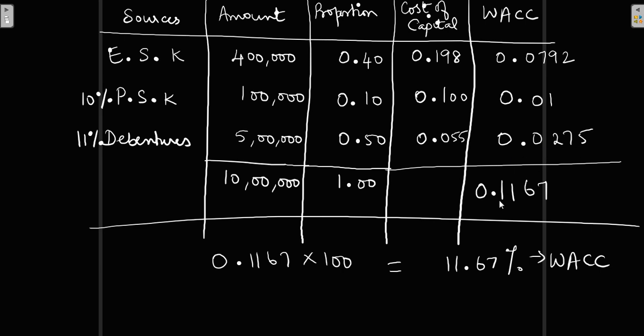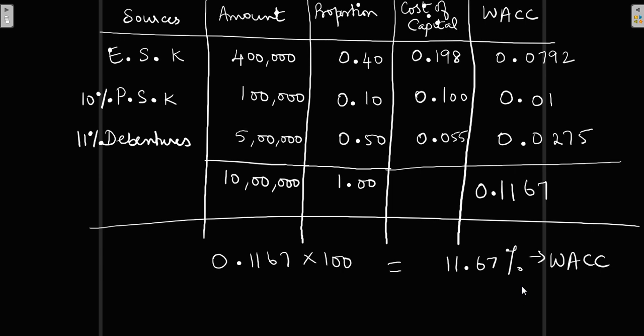The total is 0.1167. So you multiply it into 100. The weighted average cost is 11.67%. We have finished only the first part.